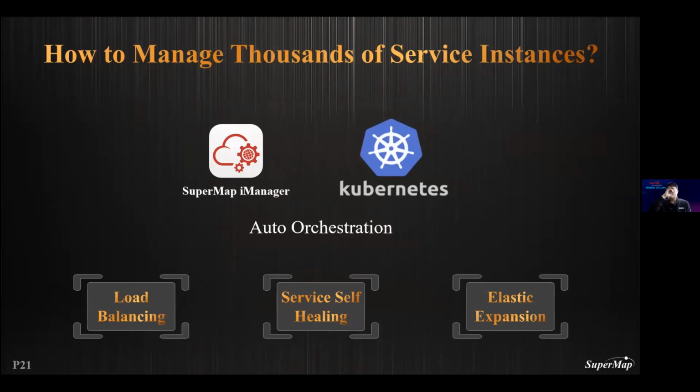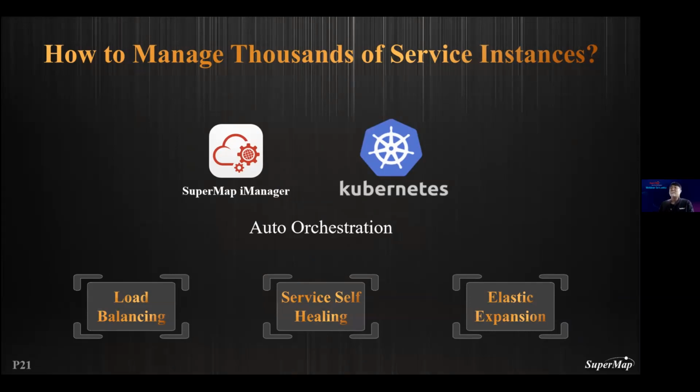Another one is how to manage the thousands of service instances. If we have a lot of GIS services, it will always be hard for us to do the operation and maintenance. In SuperMap, we provide a product called SuperMap Manager.